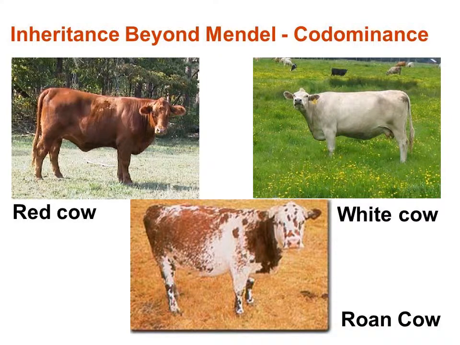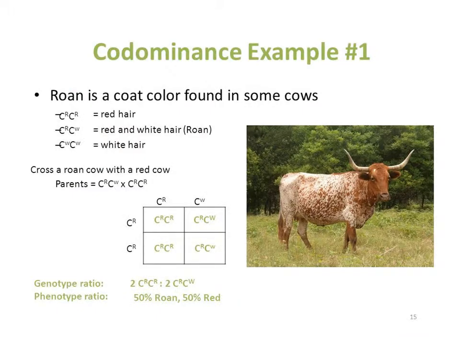Another example of codominance is in reference to cattle. When you mix this red cow with this white cow, you get this roan cow. We're now looking at another cross. We're going to cross a red hair cow with a roan cow.